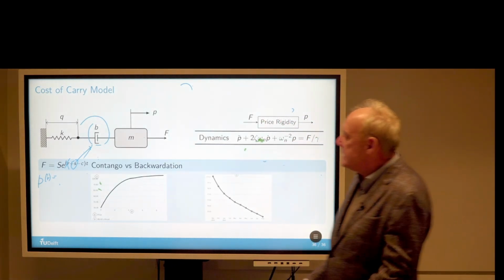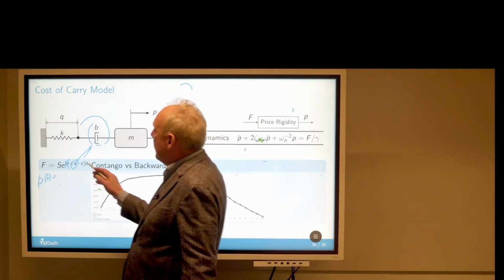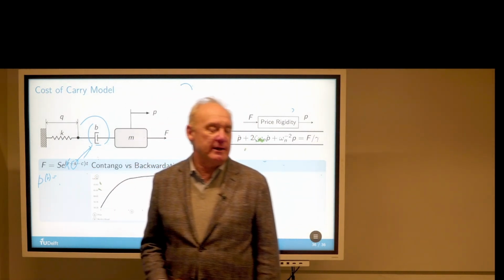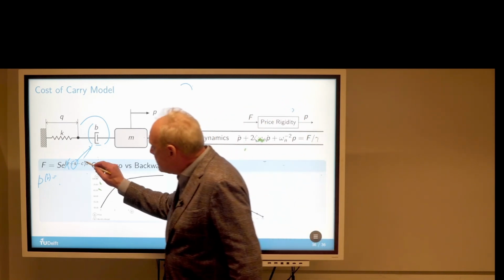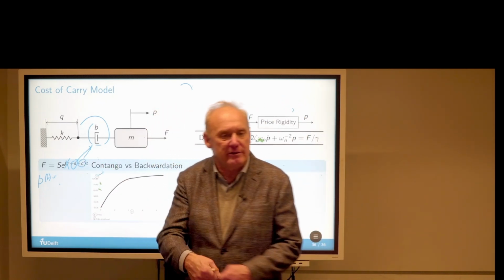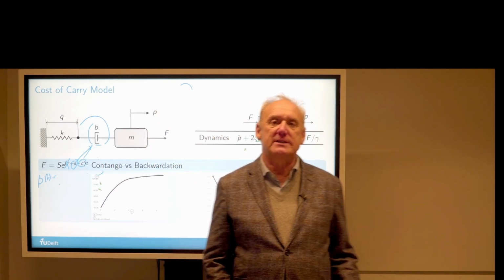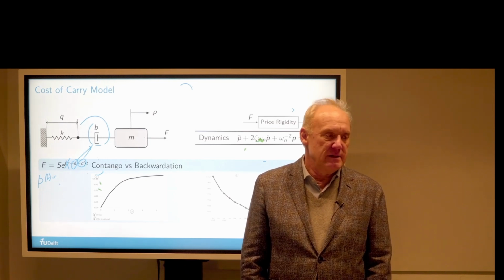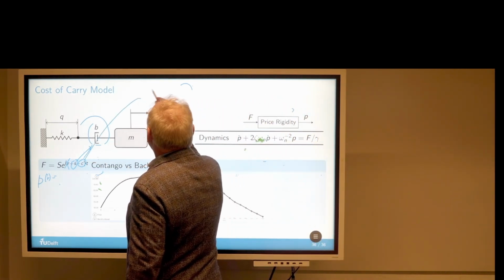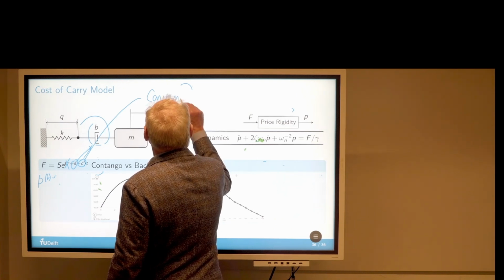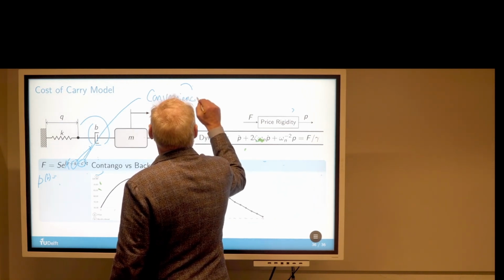So forget about this. What people noticed is that this model wasn't working. So they added something, this C, as something that counteracts it. And that C stands for convenience. It's what they call the convenience yield.